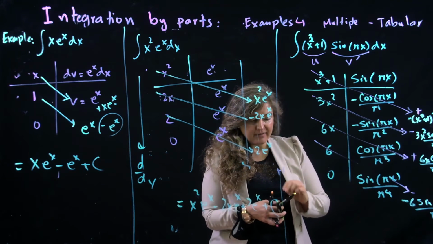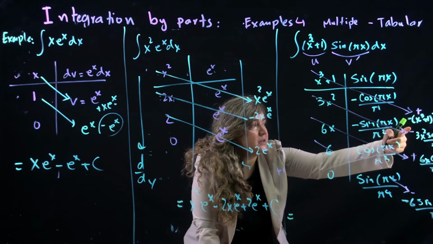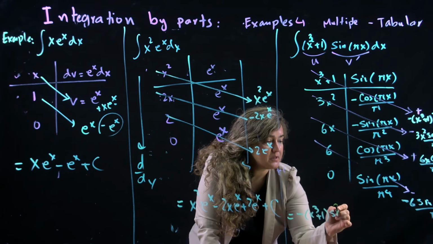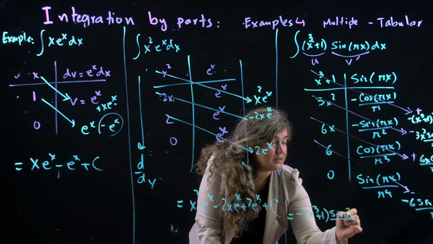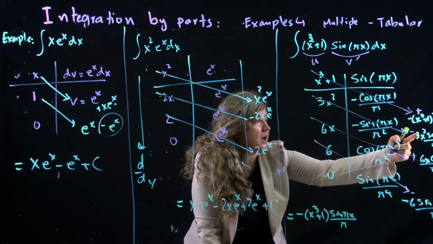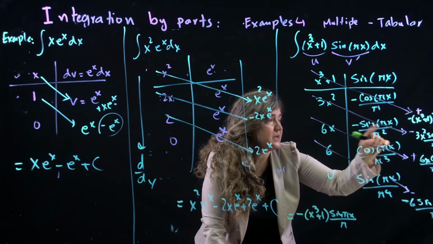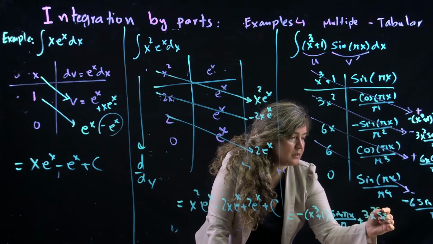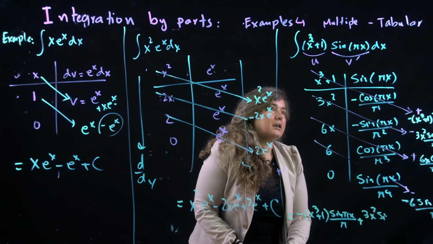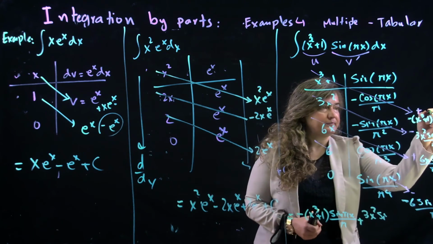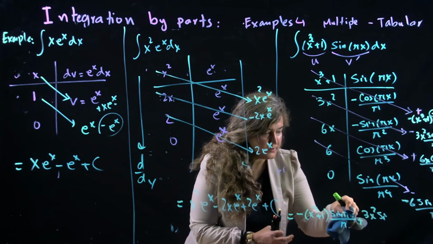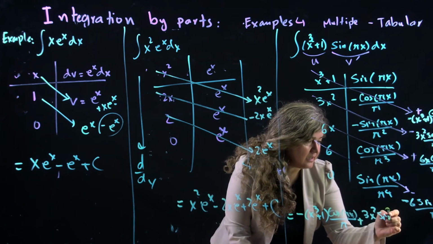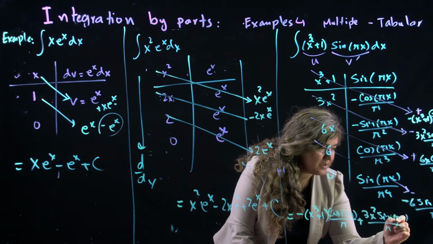And so what do I have? The first term was negative x to the third plus 1 times cosine of pi x divided by pi. I apologize, the first one was cosine. The second one is sine: negative times negative was positive, plus 3x squared sine of pi x over pi squared.